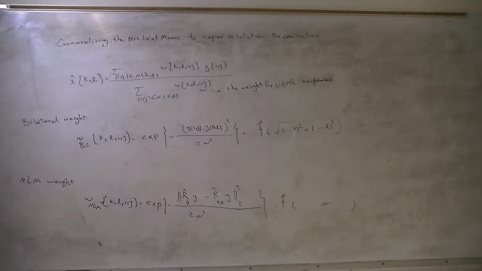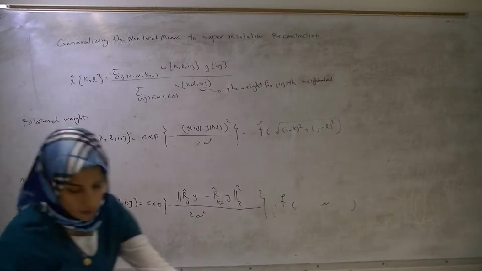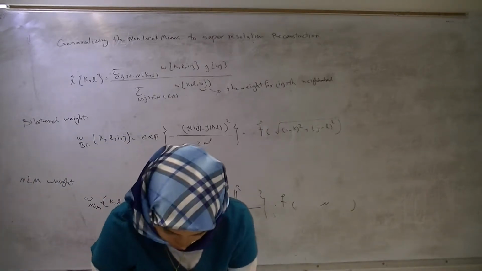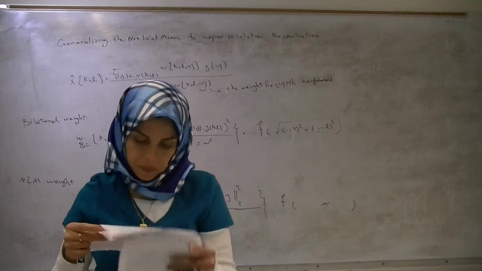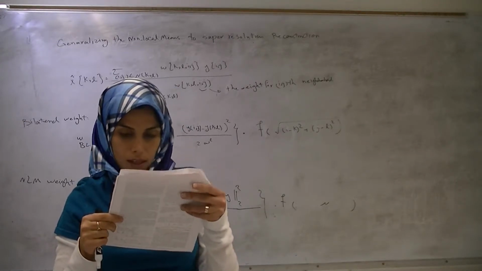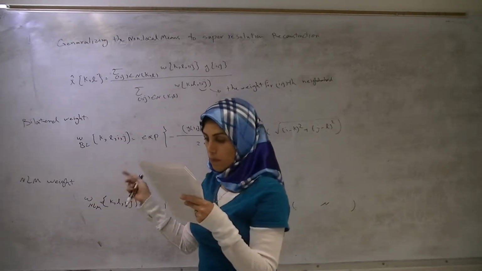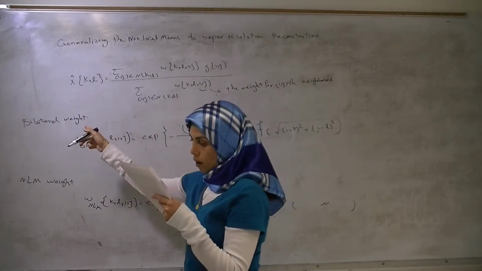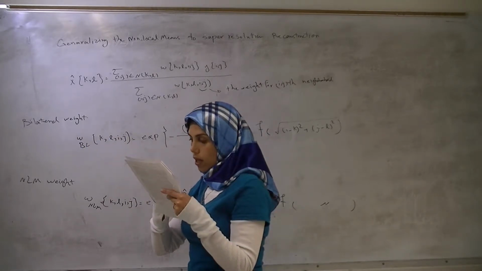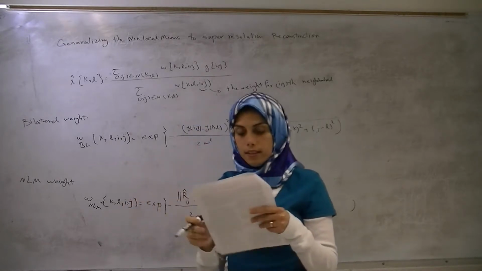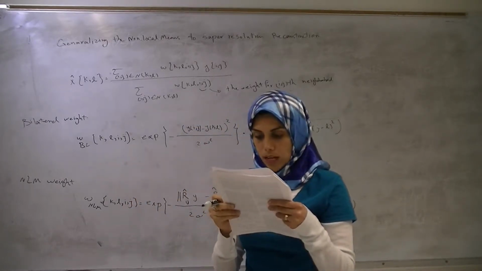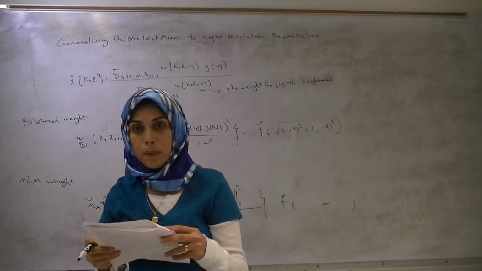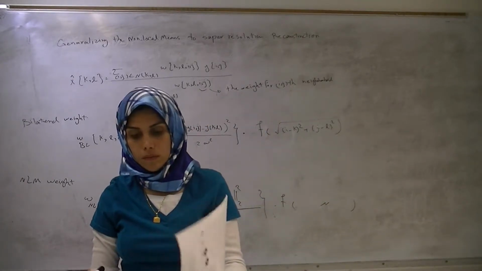So when was the bilateral introduced, and who introduced it? The NLM is from 2005 and the bilateral is from 1998, with Tomasi and Manduchi. Is the 98 paper in the context of superresolution?